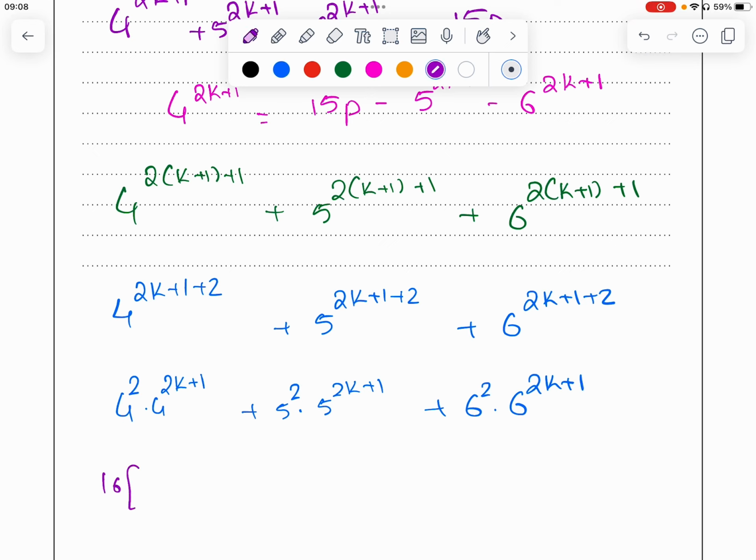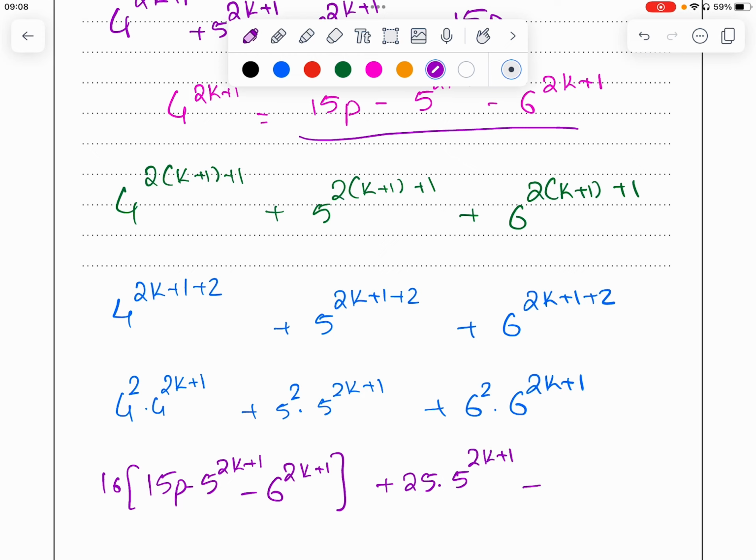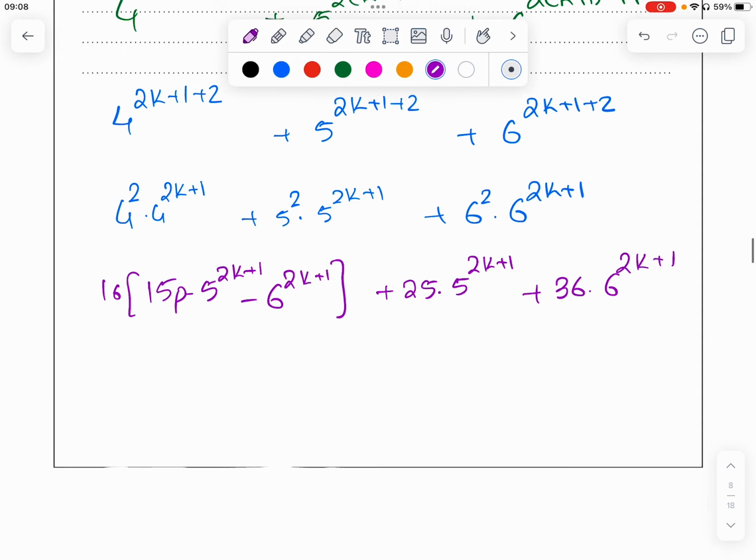4 square is 16, and 4 power 2k plus 1 is 15p minus 5 power 2k plus 1 minus 6 power 2k plus 1, plus 25 times 5 power 2k plus 1 plus 36 times 6 power 2k plus 1.